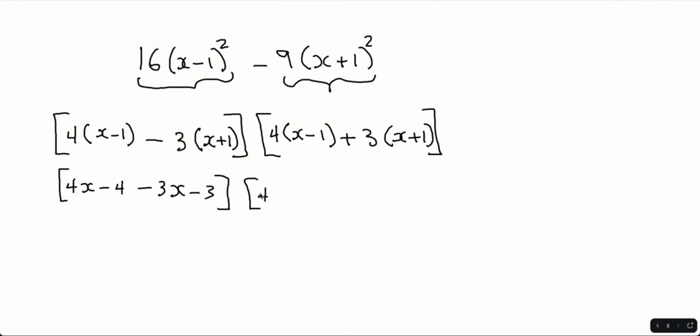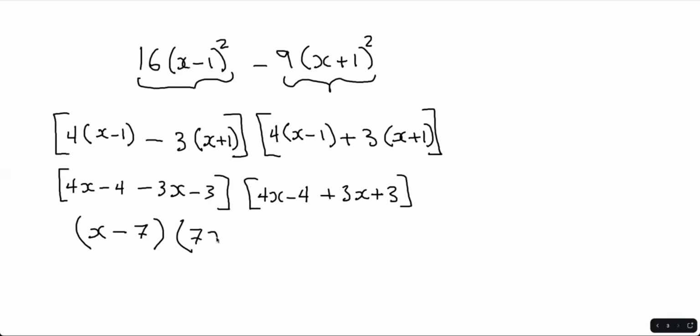Distribute the 4x minus 4. Distribute the 3 into here. It's going to be plus 3x plus 3. Now we go ahead and collect like terms. And here we're going to get x minus 7. And we're going to collect like terms right here. We're going to get 7x minus 1. So anybody who had that, they get the right answer.